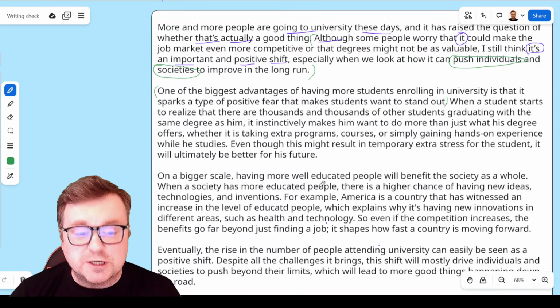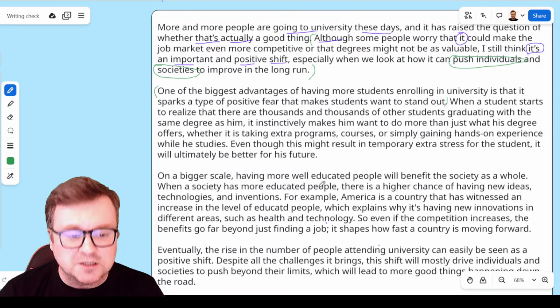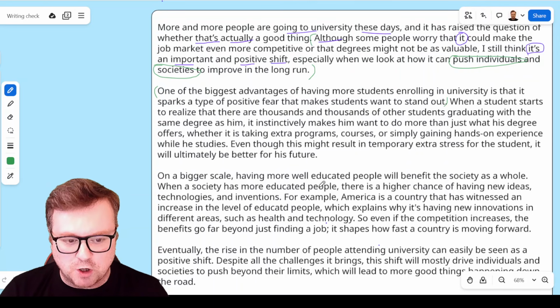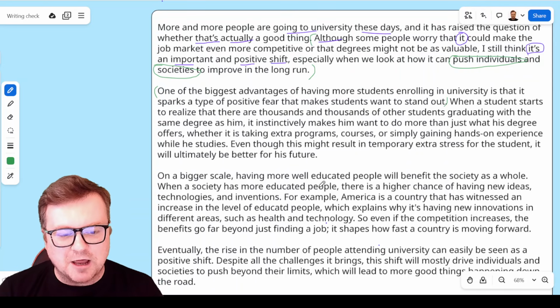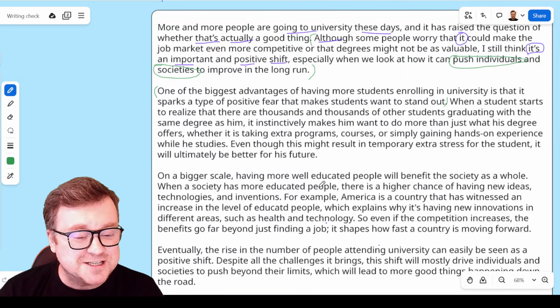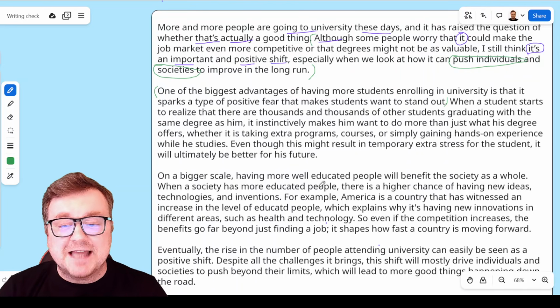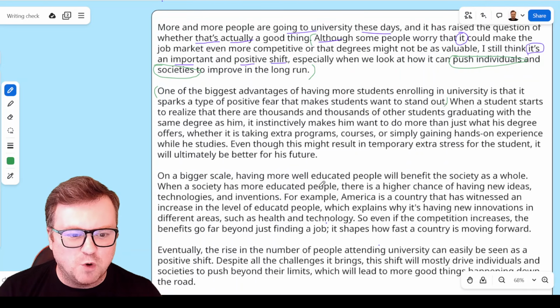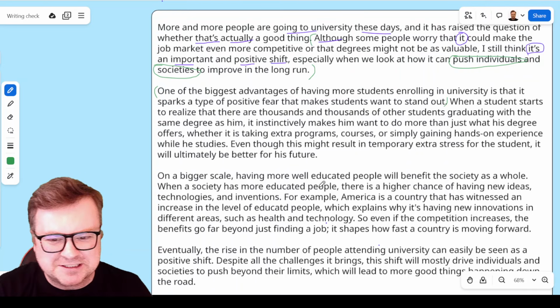Complex ideas are great when you're actually at university, because usually you have a couple of thousand words to explain those complex ideas. This is an IELTS academic writing essay, and so complex ideas in 250 words, it's just a bad idea. You're just creating more obstacles and more unnecessary difficulties for you.